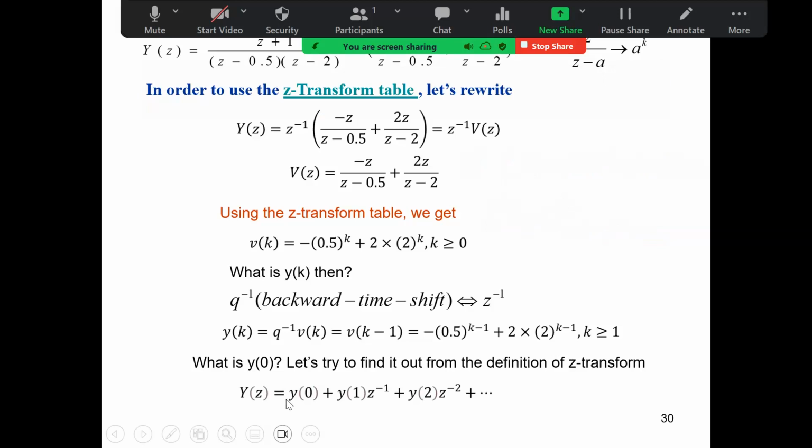So actually, for y of 0, because of the definition of the Z transform, you just check that the value must be 0. I just showed that the value must be 0. Okay, any questions?